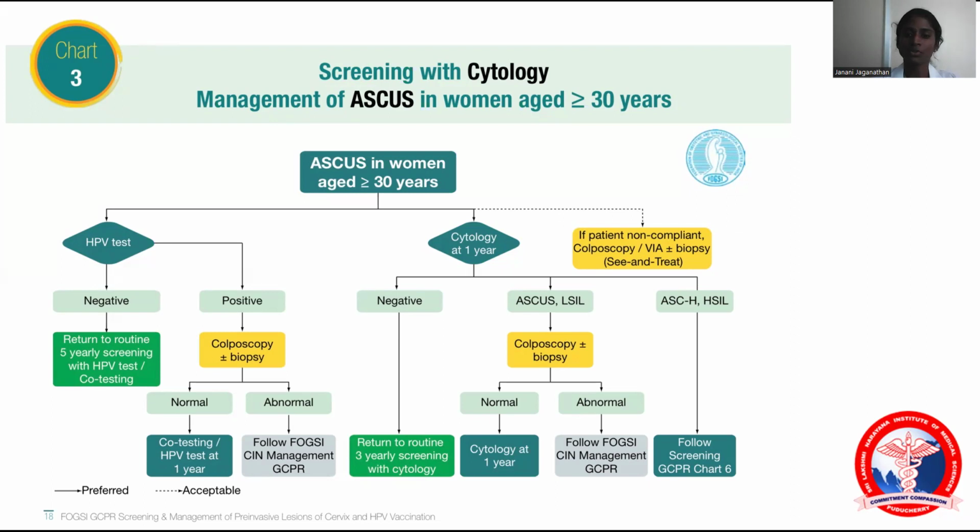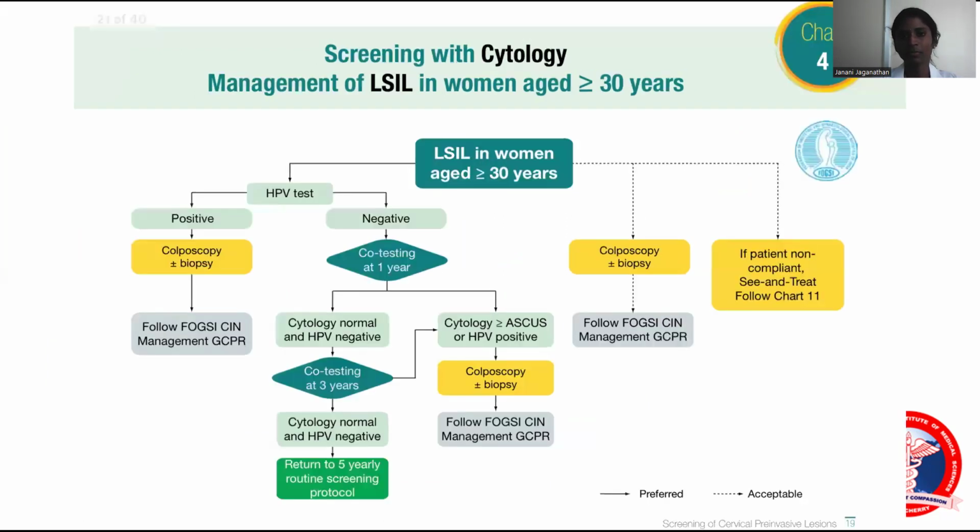If cytology again shows ASCUS or LSIL, low-grade squamous intraepithelial lesion, again colposcopy with or without biopsy has to be done. If it is normal, cytology at 1 year. If it is abnormal, we have to follow the management. If it is ASC-H, high-grade squamous intraepithelial lesion, you have to follow management according to guidelines.